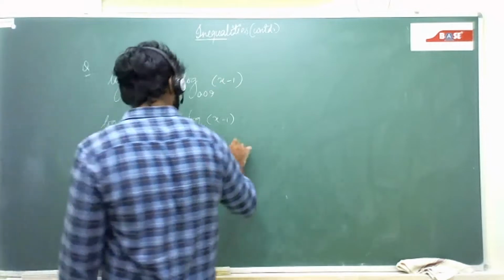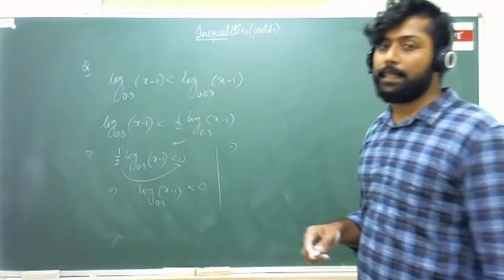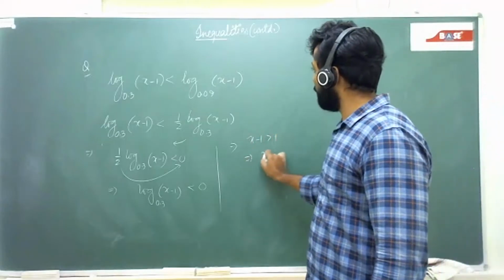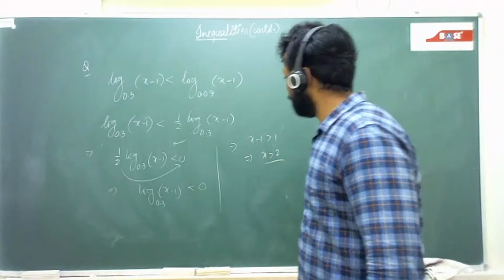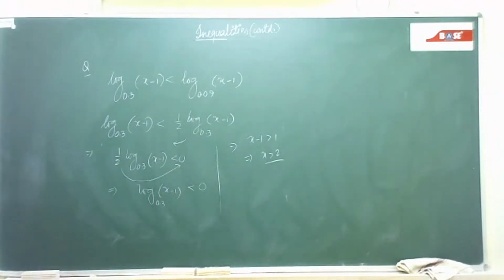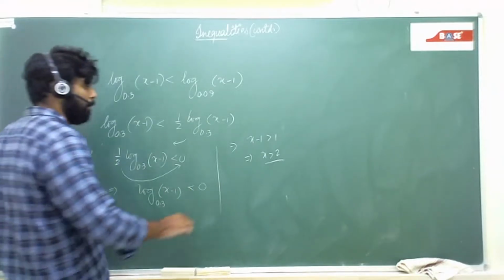Now take antilog. If you take antilog, the base is again less than 1, so that means x minus 1 will be more than 1. So what is x then? x more than 2, since 0.3 raised to 0 is 1. So the final interval is 2 to infinity.